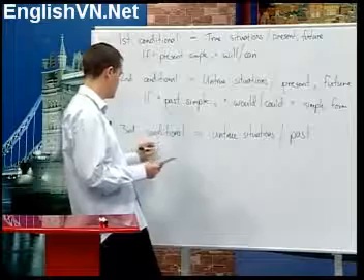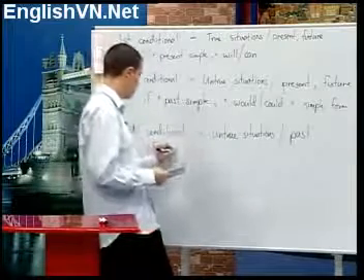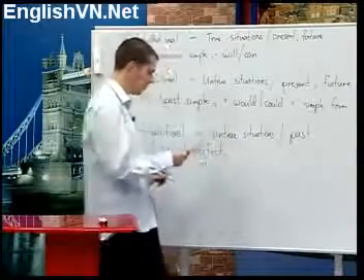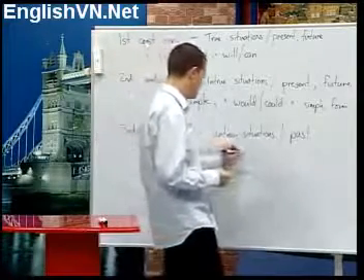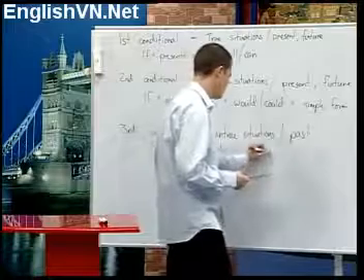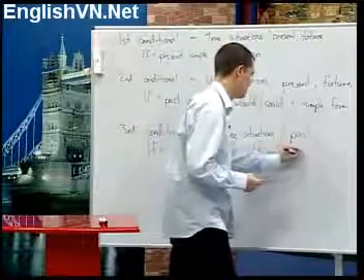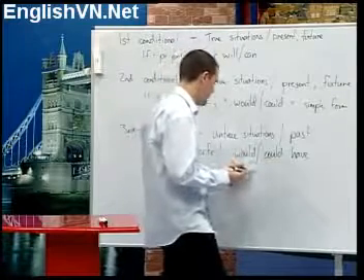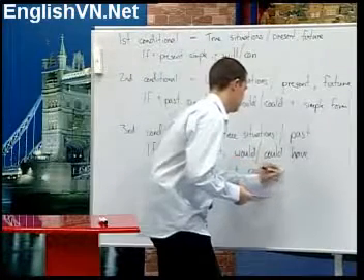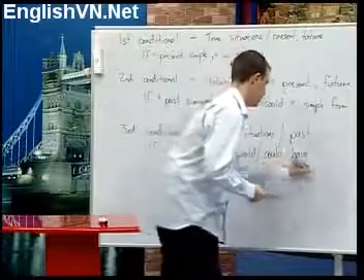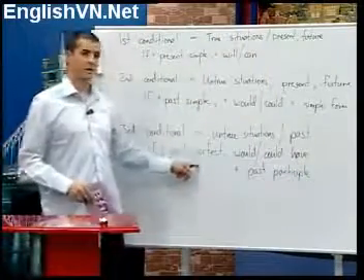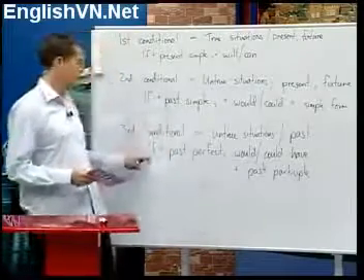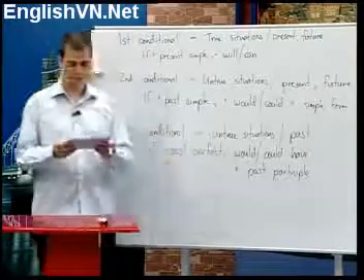We say if plus the past perfect in the if clause, and then in the main clause we have would or could have plus the past participle. Okay. If plus past perfect, would have, could have, past participle. And as usual, if the if clause is first, we have a comma after it.